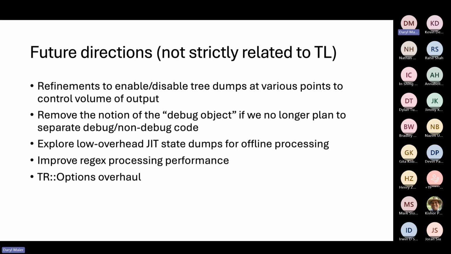So only if somebody really needed to debug something and needed those functions, then they would load that separate shared object. So it was really a savings that way. That went away a long time ago, but unfortunately the notion of the debug object stuck around, in part because it's a lot of work to get rid of it and do all that refactoring. It looks a bit unusual, and it is.